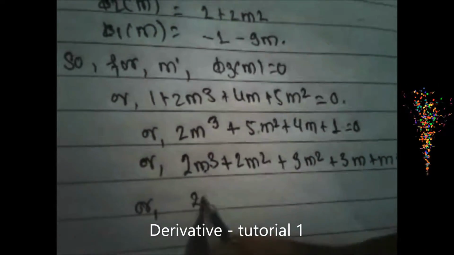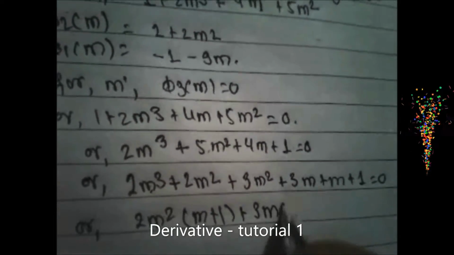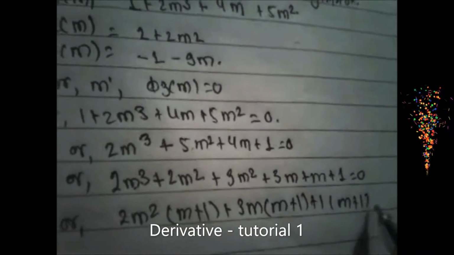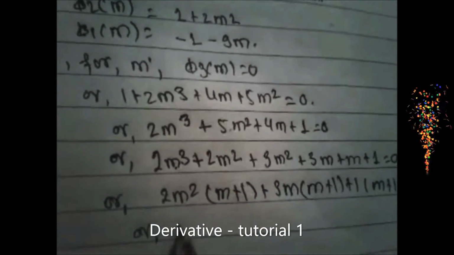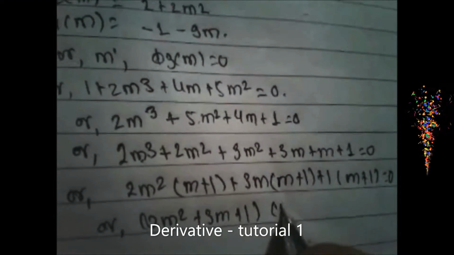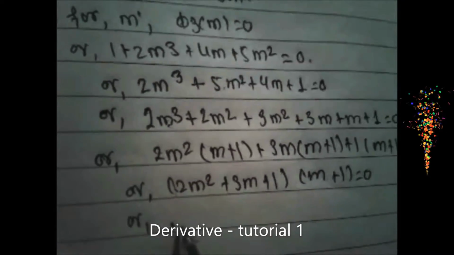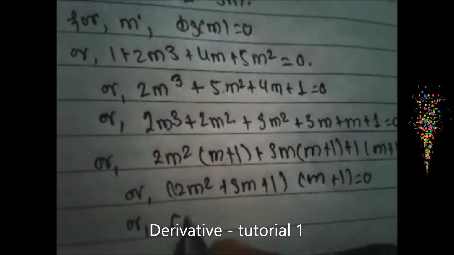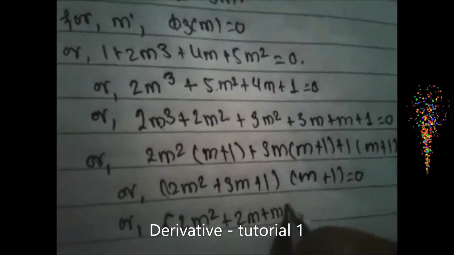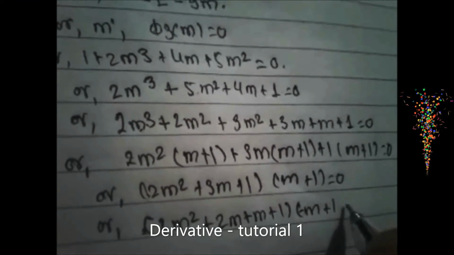Or now what we can see, 2m square plus 3m plus 1, m plus 1 is equal to 0. Or for this, we can do 2m square plus 2m plus m plus 1, m plus 1 is equal to 0.